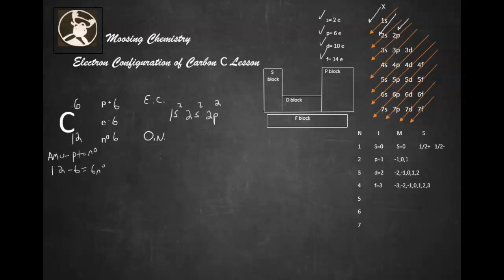Now remember that 1s, or s in general, holds only 2 electrons, so up arrow and down arrow, right? And 2s is going to be an up arrow and then a down arrow. Now we're going to have 2px, 2py, and of course 2pz. Now, do we have to have all those spaces because we only have 2 electrons?